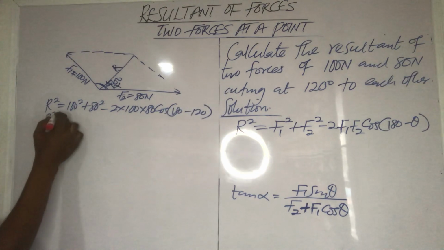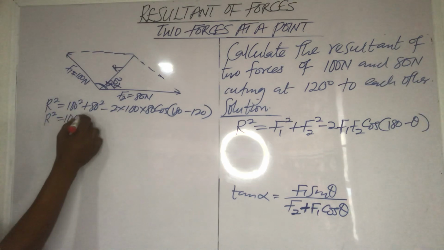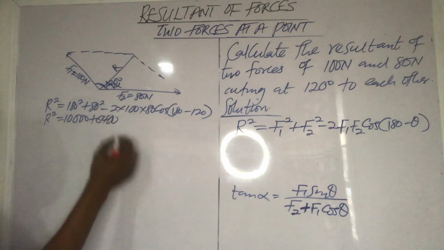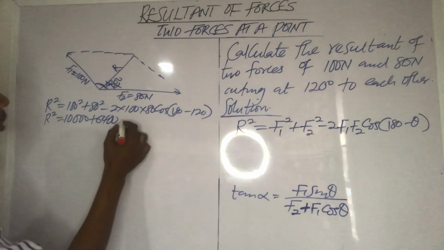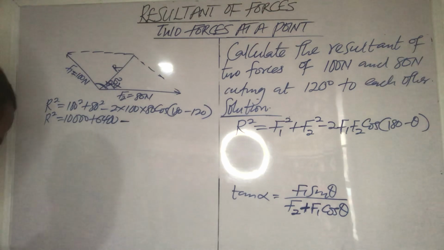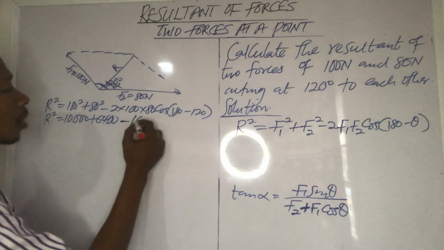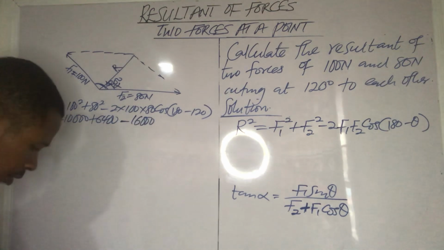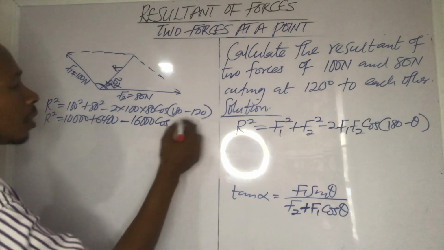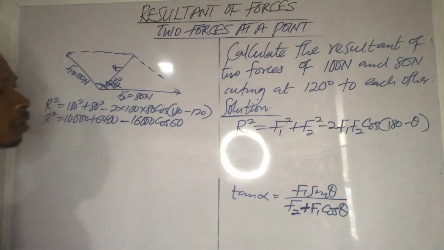I will have R squared is equal to 10,000 plus 6,400 minus 2 times 100 times 80. That gives me 16,000 cos 60.